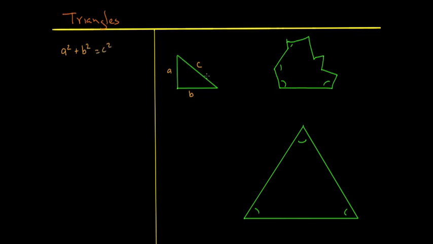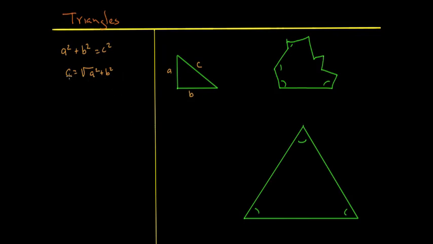Now this C, this long piece here, is called the hypotenuse. And so the shorter sides, if we square them and add them together, will end up equaling the length of the hypotenuse squared. We oftentimes shorten that to say that C equals the square root of A squared plus B squared.